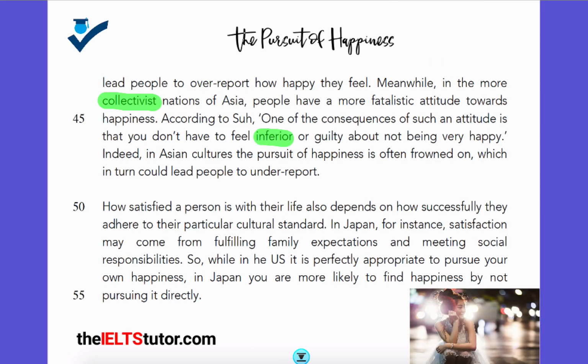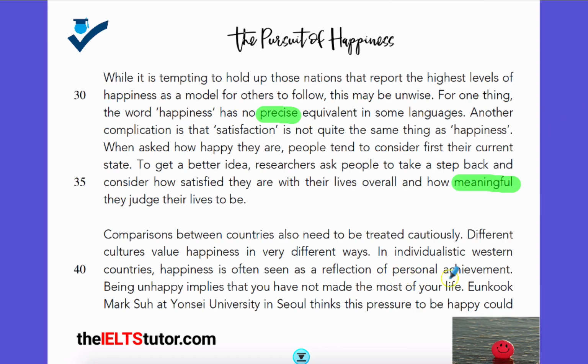Let's go back to the passage. Okay, let's try a different colour this time. Over-report. We can find over-report in line 43, and it comes from this sentence.